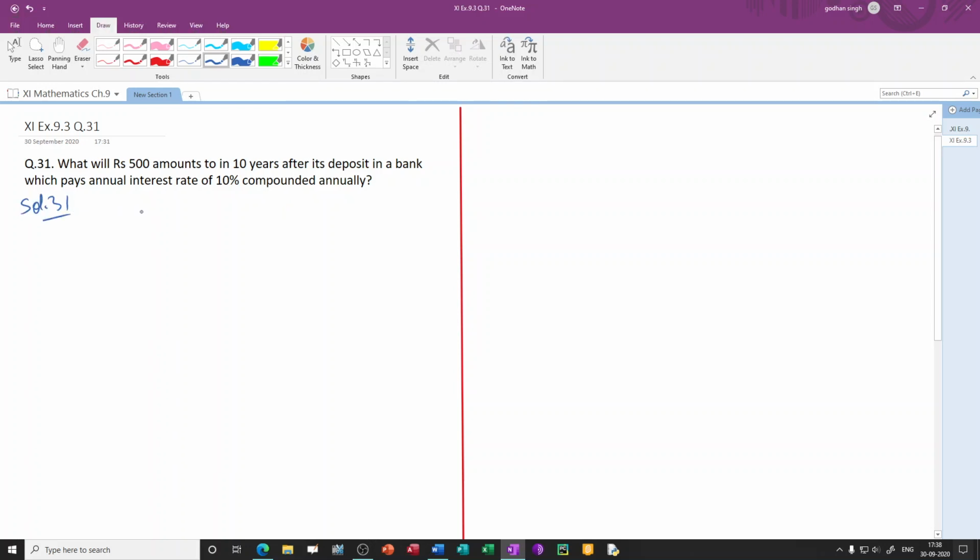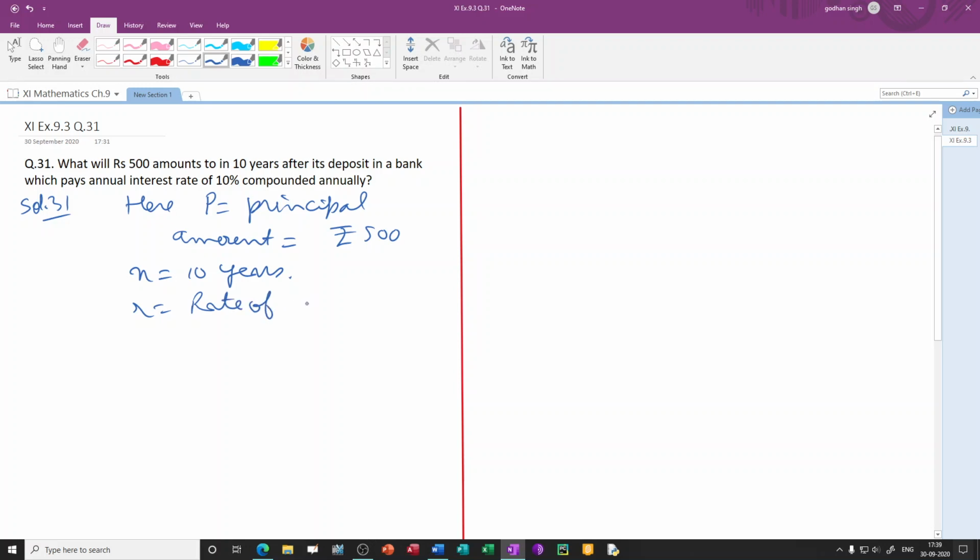Here the principal amount P is rupees 500, the number of years N is 10 years, and the rate of interest R, compounded annually, is 10%.